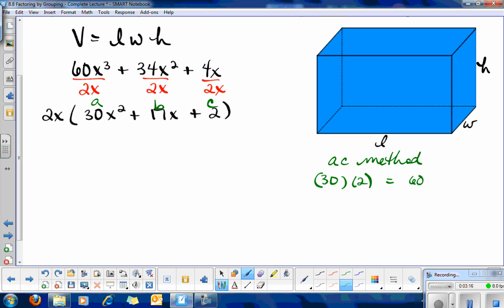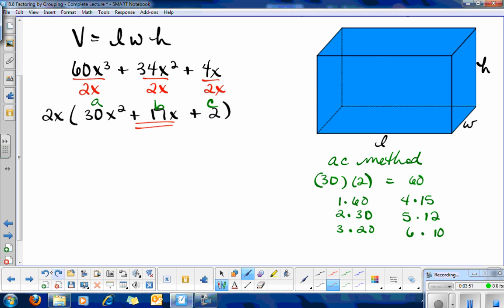So let's see, we've got 1 times 60, 2 times 30, 3 times 20, 4 times 15, 5 times 12, and 6 times 10. Okay? So which one will we rewrite so that when we add them, we'll get 17?